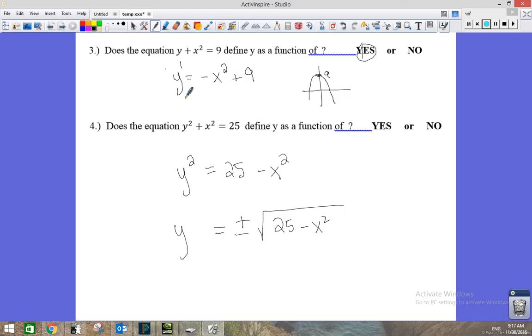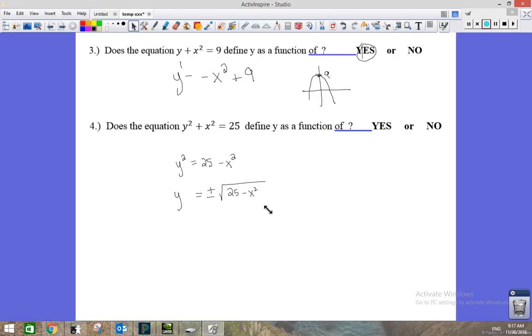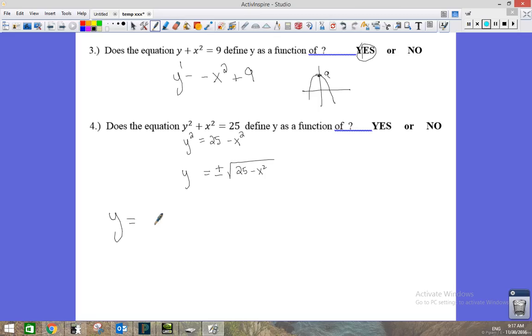Because this is just shorthand notation for two equations. So they're saying that this equation describes one relationship is that y is equal to the positive square root of 25 minus x squared, and the other, the minus sign, is the negative.